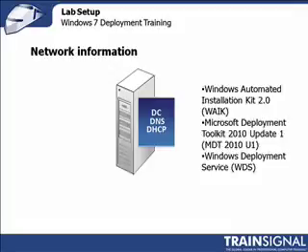Now, for that small environment, the Wired Brain Coffee, my domain controller is also running Windows Automated Installation Kit version 2.0, Microsoft Deployment Toolkit 2010 Update 1, and Windows Deployment Services. Now, in the real world, it's not advisable to have only one domain controller. If that guy fails, you're in a world of trouble.